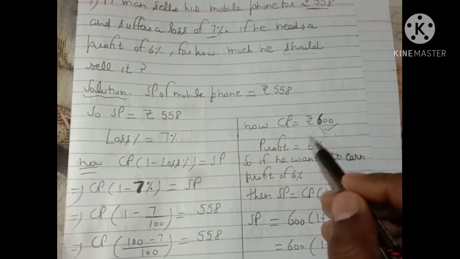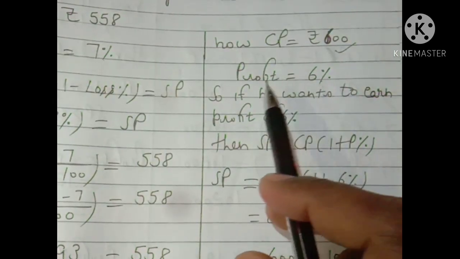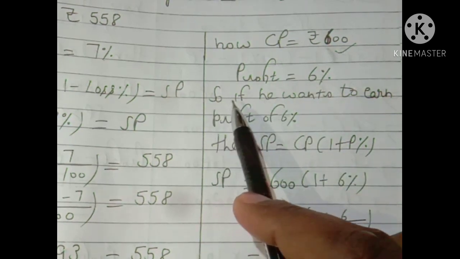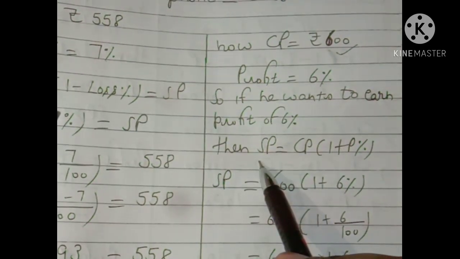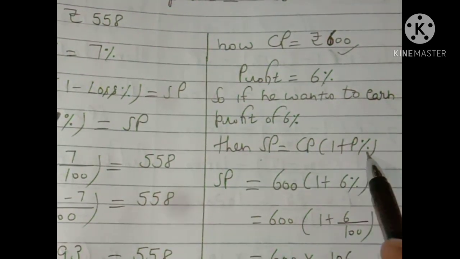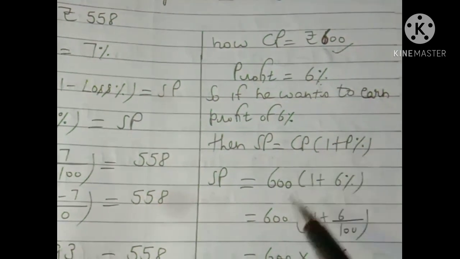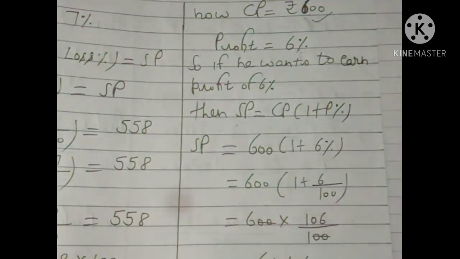If we want to earn a profit of 6%, then we take the profit percentage as 6%. So the SP will be equal to CP into 1 plus profit percentage. Means if we want to earn a profit of 6%, we have to find his selling price, and the cost price is 600, which we just calculated.